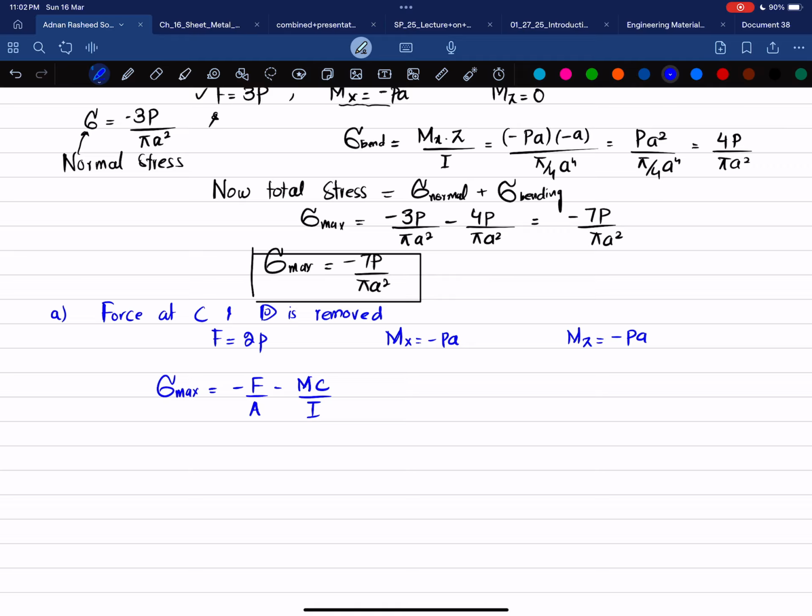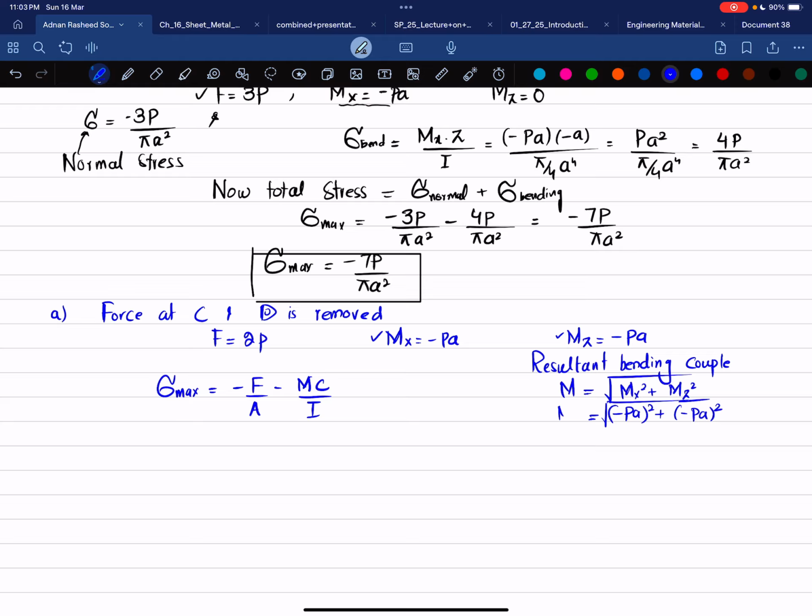You can see that this moment is about x-axis and this moment is about z-axis. So what we will do, we will get the resultant bending couple, and that resultant bending couple, by using the Pythagoras theorem, will be equal to M equals the root of Mx square plus Mz square. So put the value, minus PA whole square plus minus PA whole square under the root.